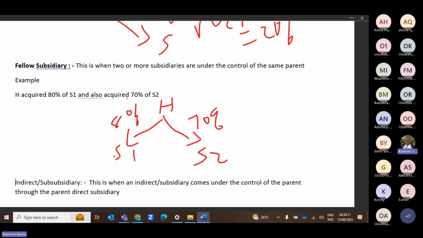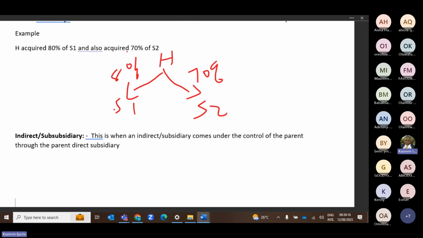Let me explain this better now. An example is this: we have H and X1.